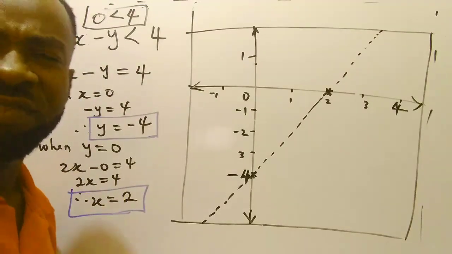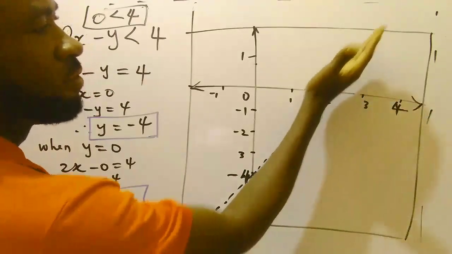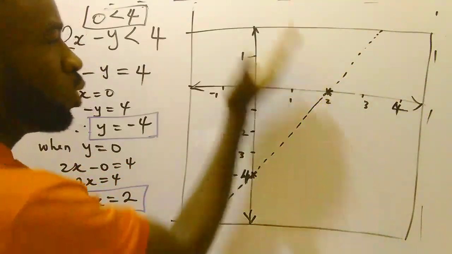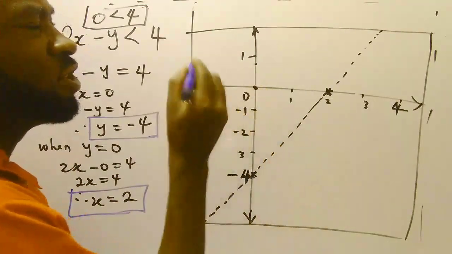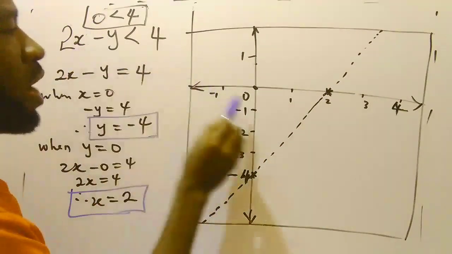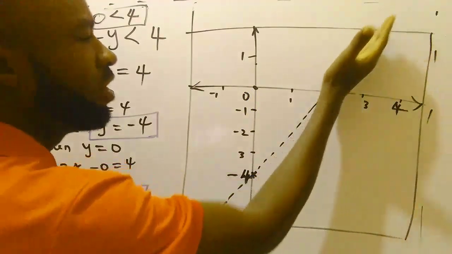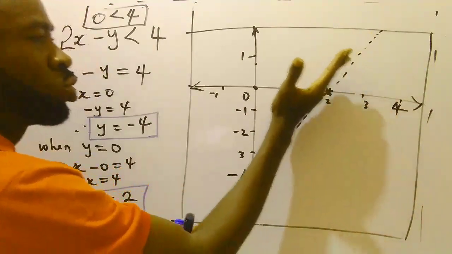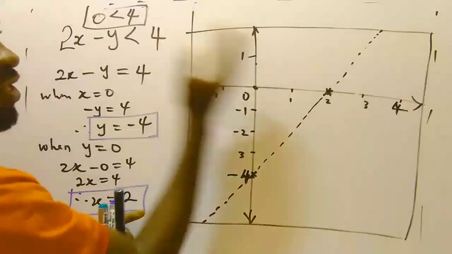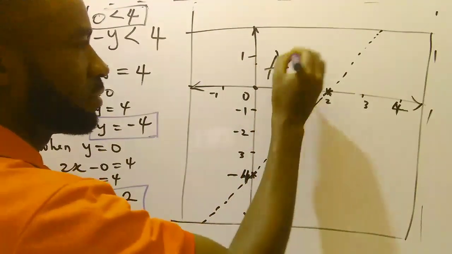So anytime it is a valid statement, all the regions from that line towards the origin, the point where x is 0 and y is 0, are what we call the accepted region.